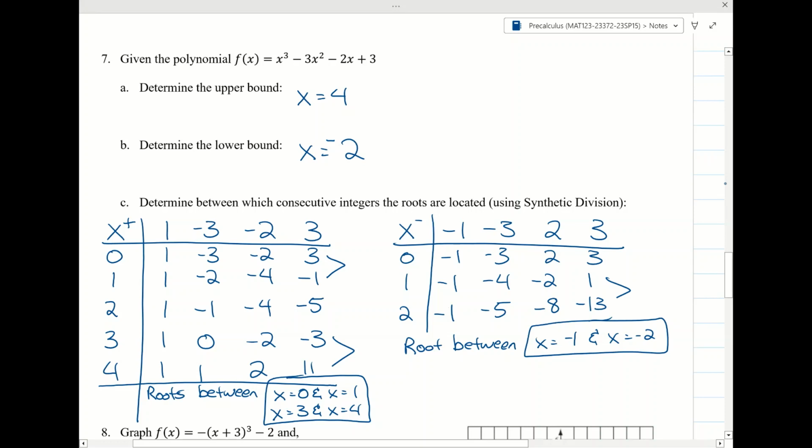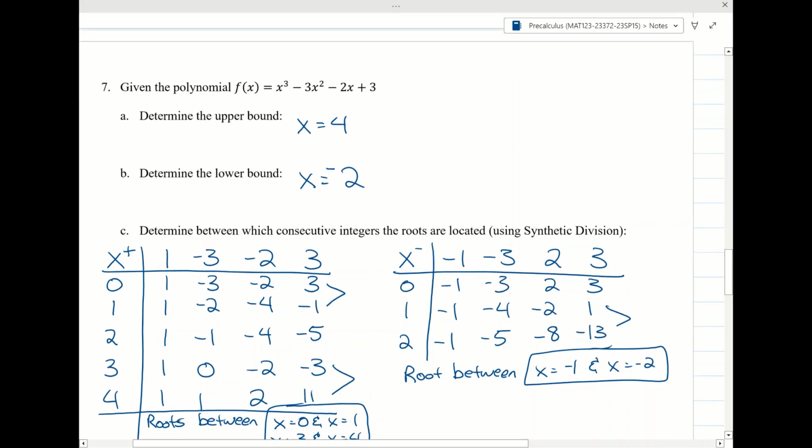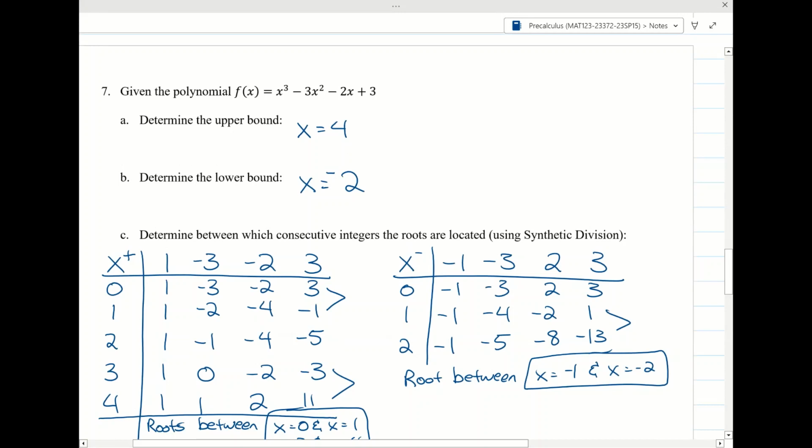How do you get the numbers for the negative one? I know you got the 1, the negative 3, negative 2, and the 3 from the original equation. But I thought you just changed the signs around.